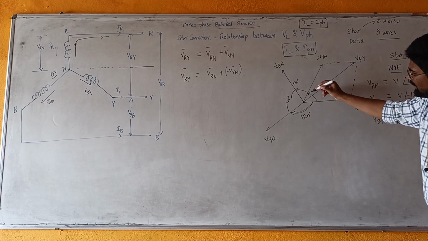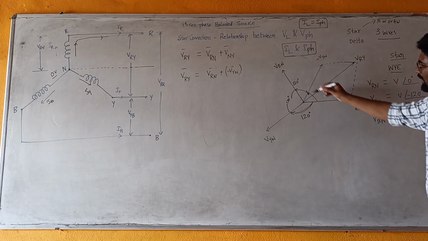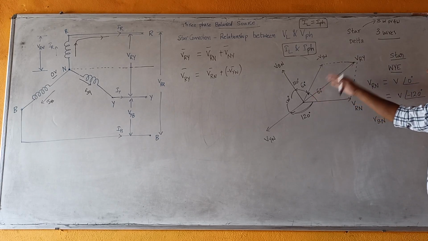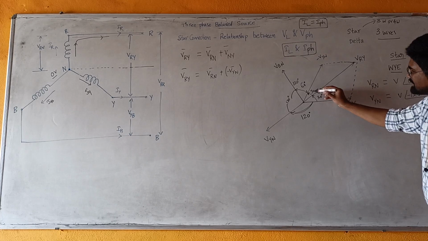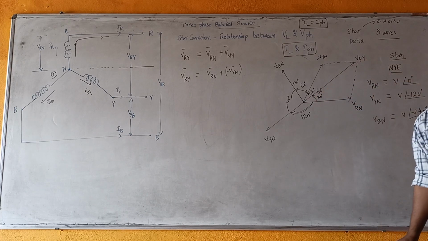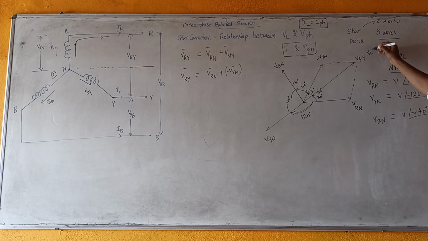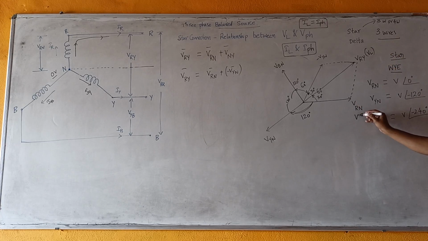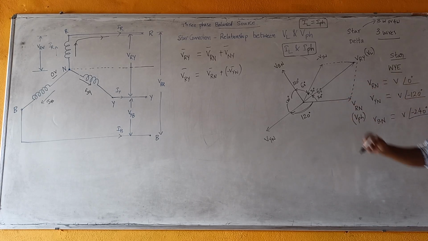Now when we draw VYN as a reverse vector, this overall angle of 120 degrees gets bisected into 60 and 60. And when we draw the diagonal, this overall 60 degrees gets bisected into 30 degrees and 30 degrees by this diagonal VRY. From this diagram, we can say VRY, which is the line voltage, and VRN, which is the phase voltage, have an angle of 30 degrees between them.